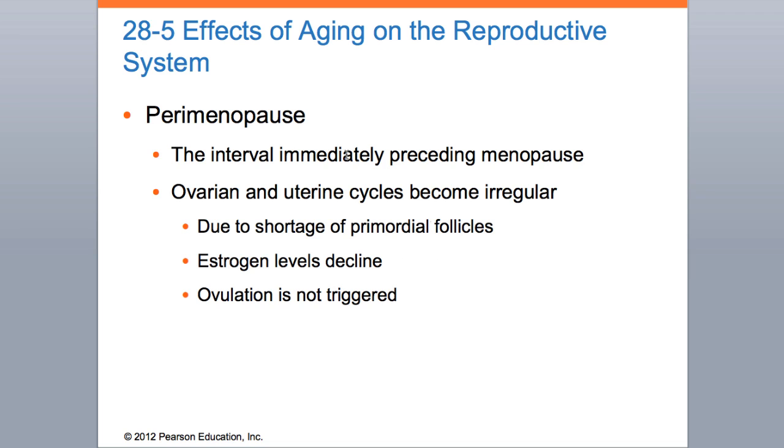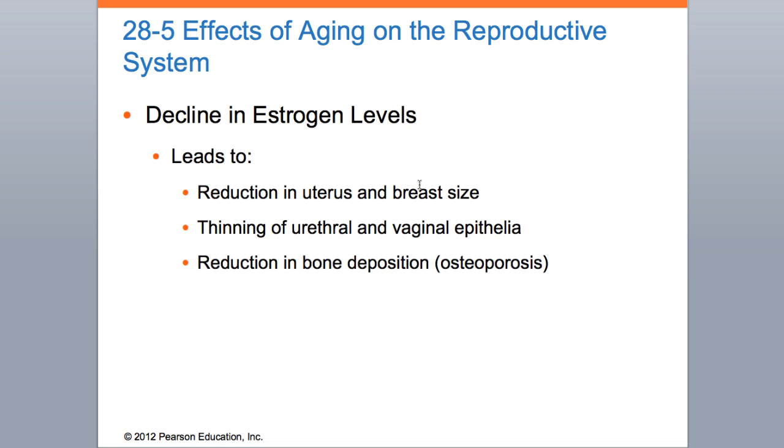Perimenopause, just to have an idea of what that is. Okay. Here's what happens when estrogen levels drop. I did mention a couple of them already. Reduction in the uterus, so the uterus will actually shrink in size. Breast size will go, because again it's hormonally related.